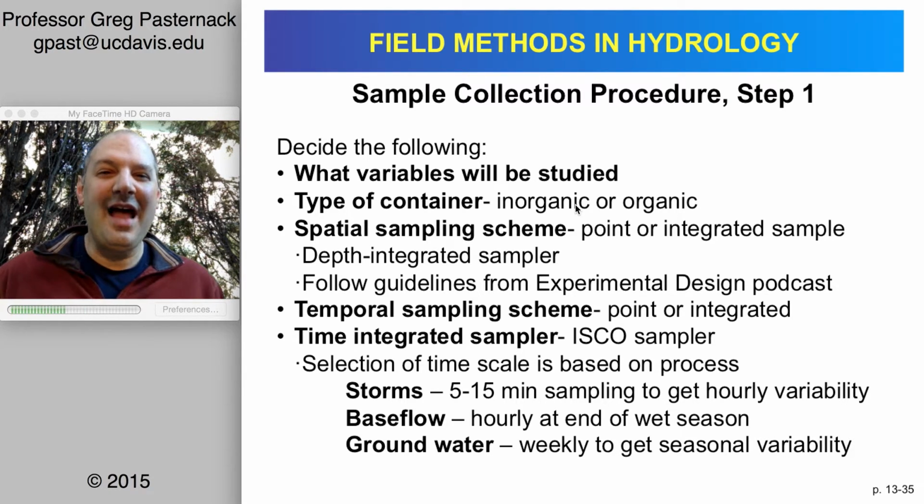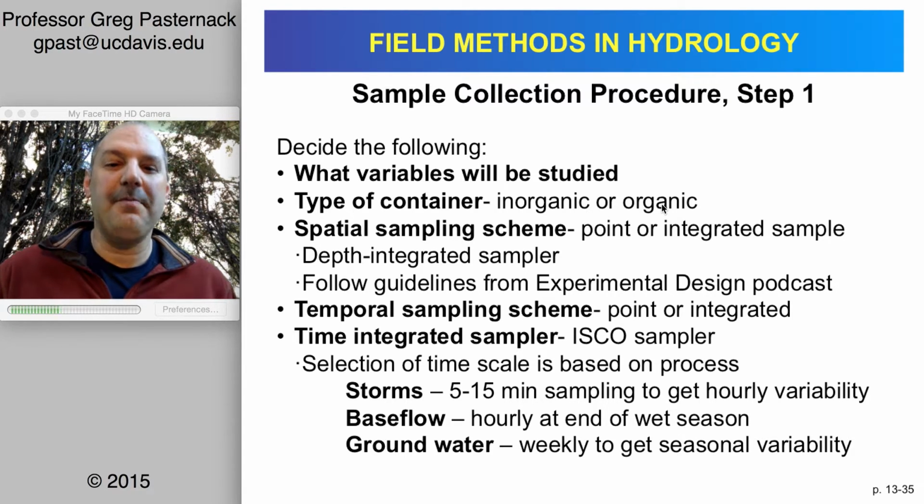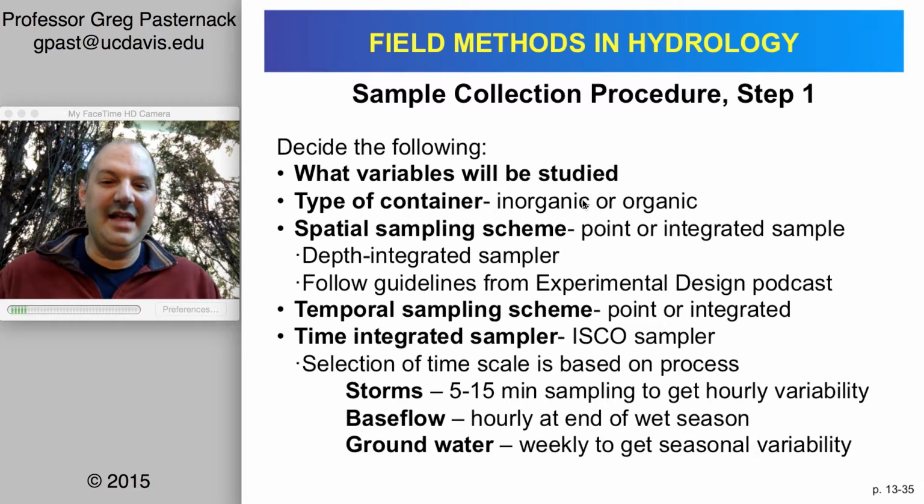Organic compounds are composed of hydrogen and carbon, maybe some oxygen, but they're basically designed so that they don't have exposed charged areas that regular metal ions would be able to interact with. So organic containers are good when you want to measure metals, and inorganic containers are good when you want to deal with organic compounds. So it's the complement of things that don't match.